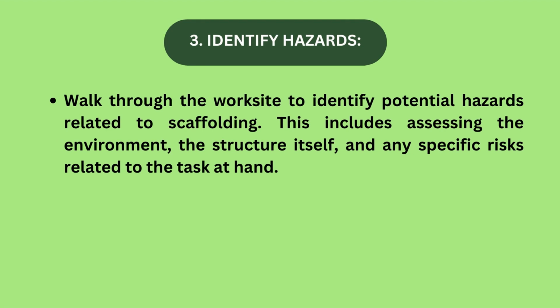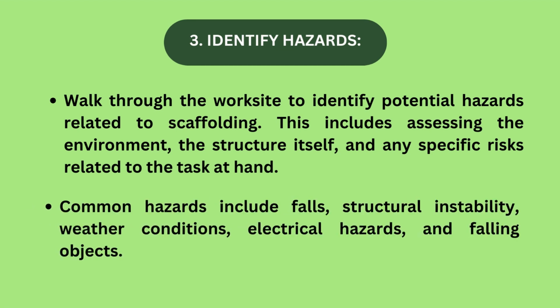Walk through the work site to identify potential hazards related to scaffolding. This includes assessing the environment, the structure itself, and any specific risk related to the task at hand. Common hazards include falls, structural instability, weather conditions, electrical hazards, and falling objects.